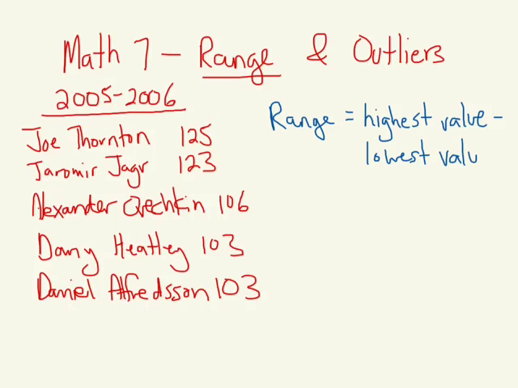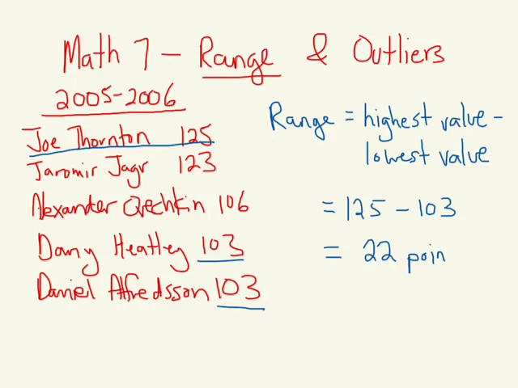Okay, so what is the highest value? Well, I already ranked it for you. Joe Thornton scored 125 points. That would be the highest value. And the lowest value here, well, both Danny Heatley and Daniel Alfredsson had 103. So we'll subtract 103. What's 125 minus 103? We're looking at 22 points as the range of this data.